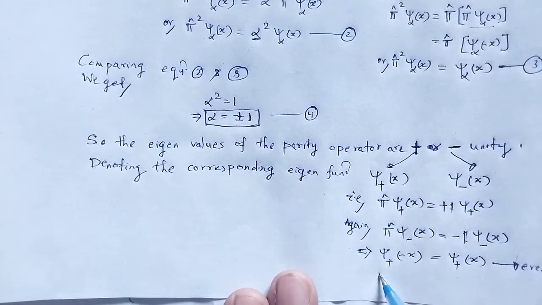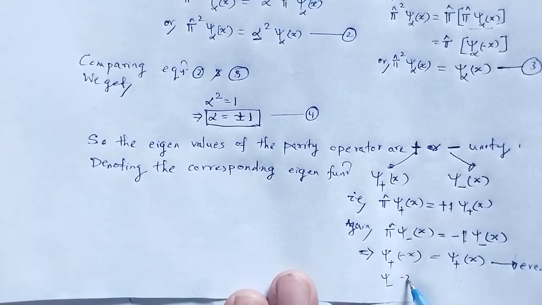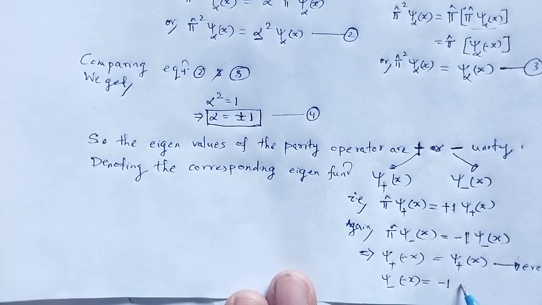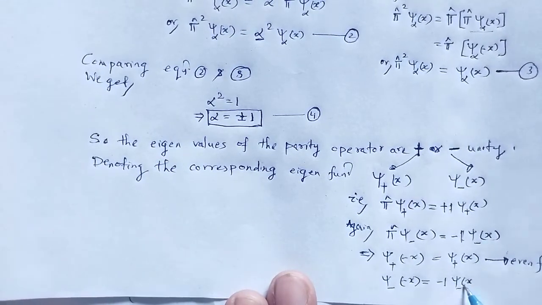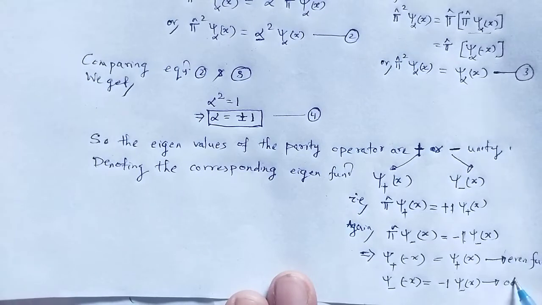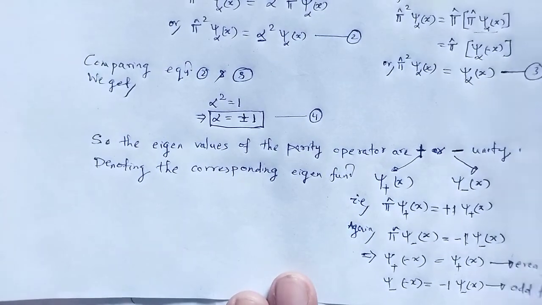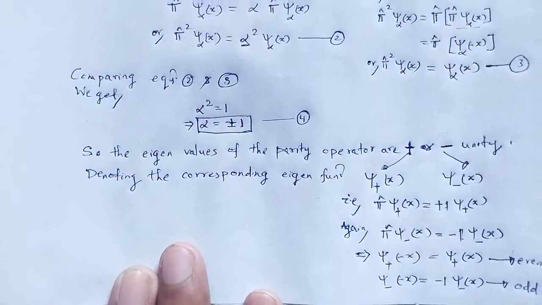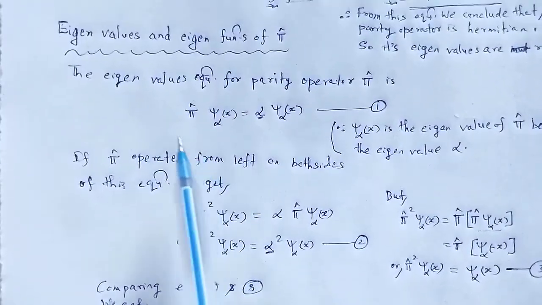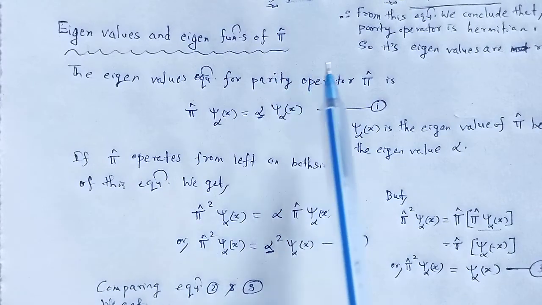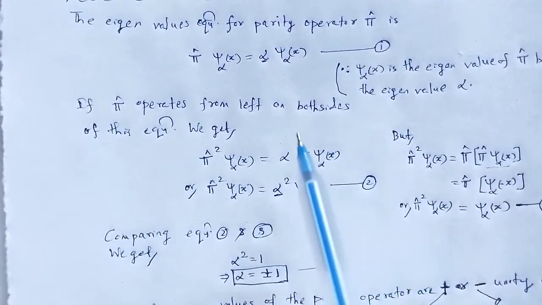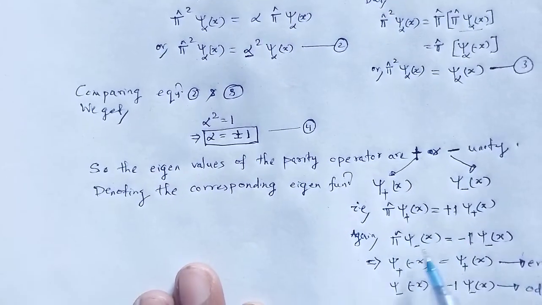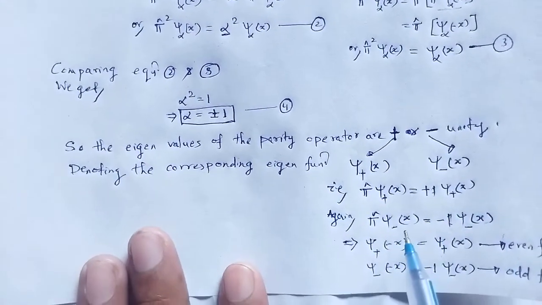But when psi minus of minus x gives rise to minus 1 psi minus x, that is known as the odd function. This is very useful in the case of eigenvalues and eigenfunctions of the parity operator. This is the eigenfunction equation.